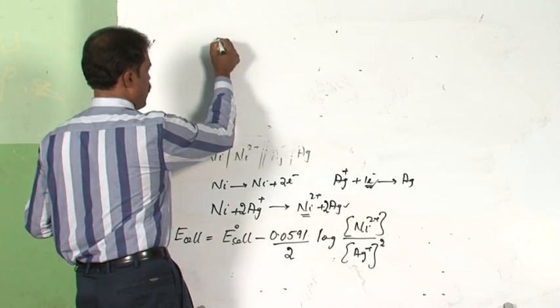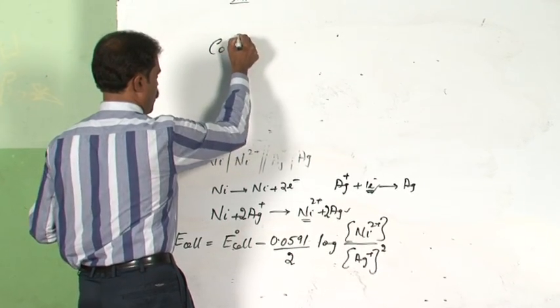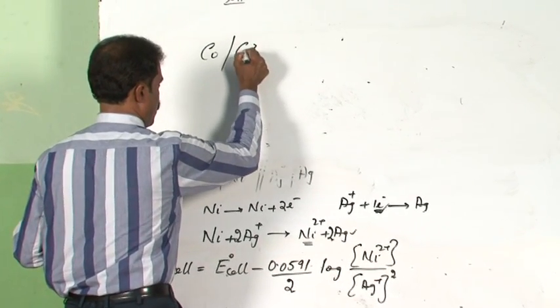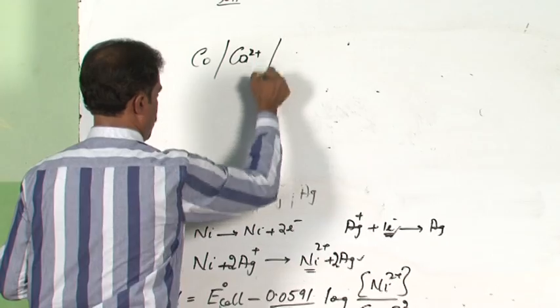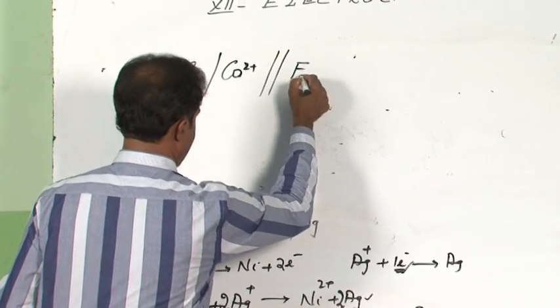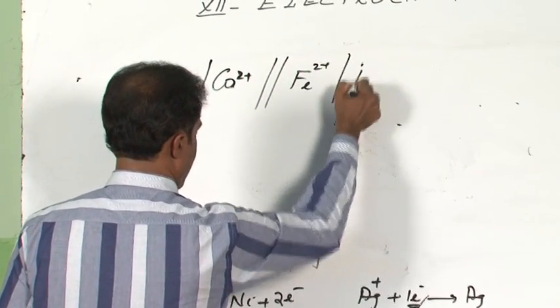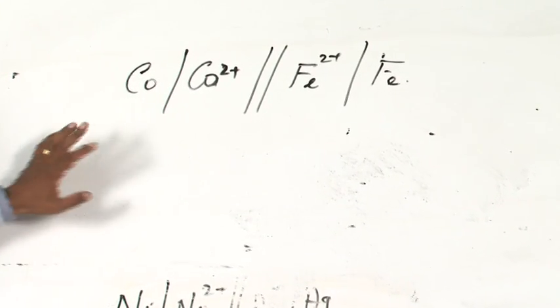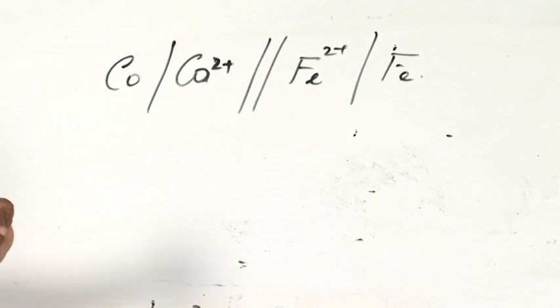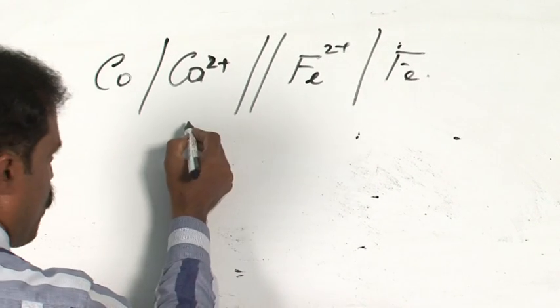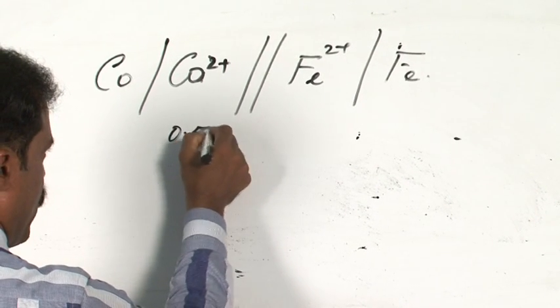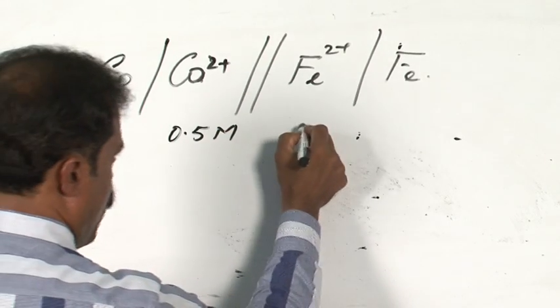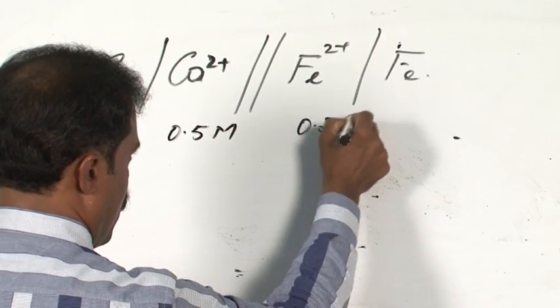We have a cell which is set up something like this: Co/Co2+ || Fe2+/Fe. Let's say this cell is not under standard states, which means concentration of Co2+, let's say it is 0.5 molar, Fe2+, let's say it is 0.25 molar.